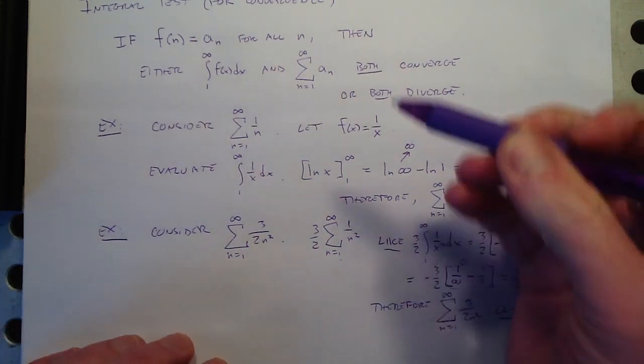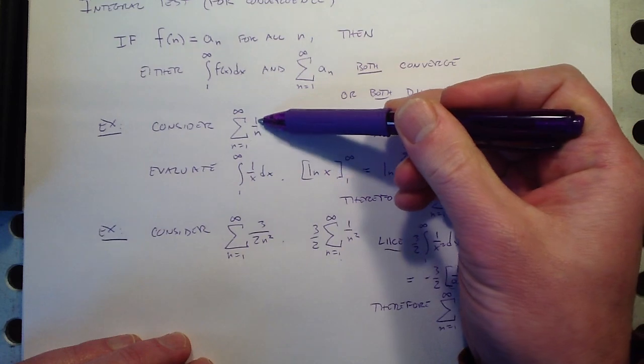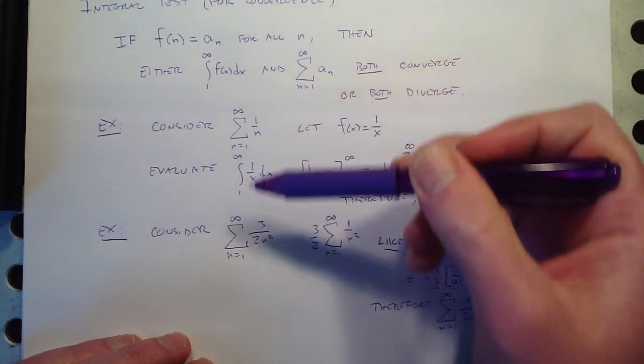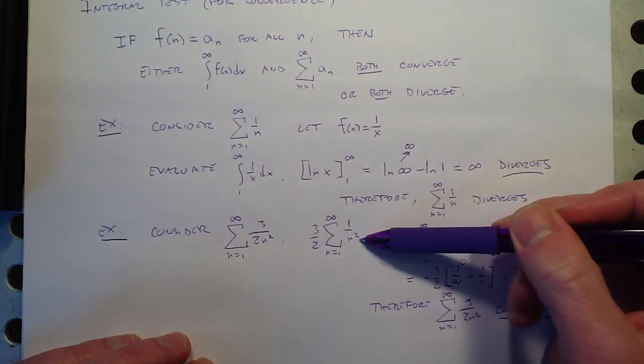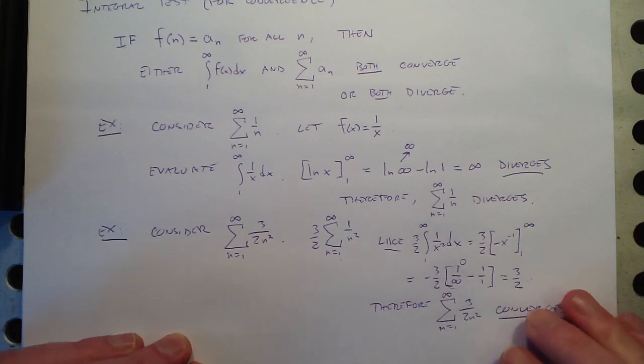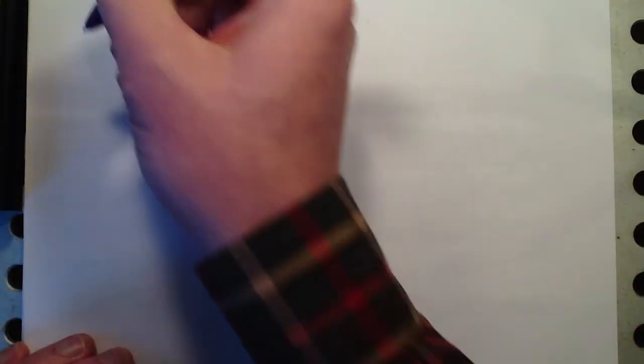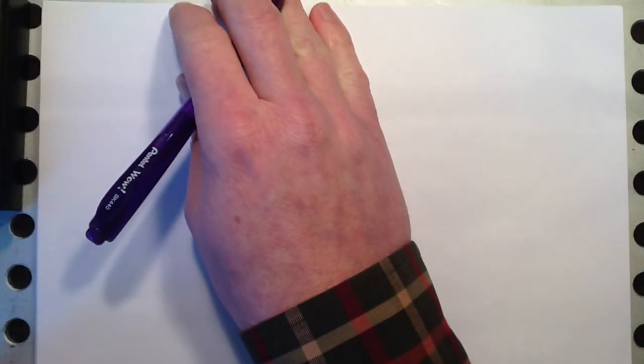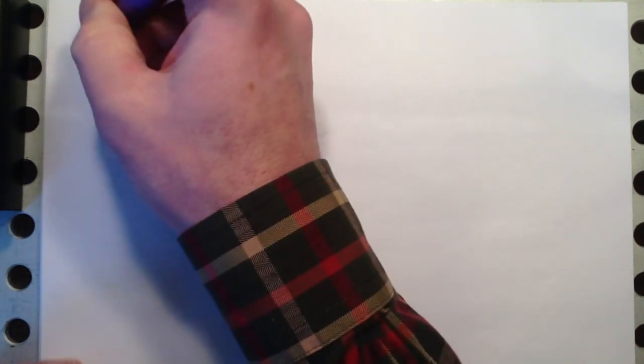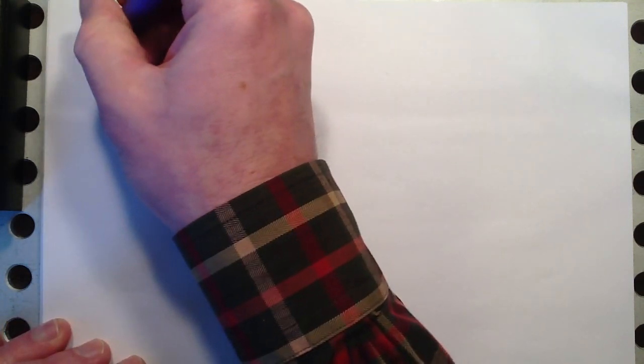Well, that's interesting. The harmonic series 1 over n diverges, but 1 over n squared converges. And that brings us to the last topic here. Well, almost the last. What is a p-series?